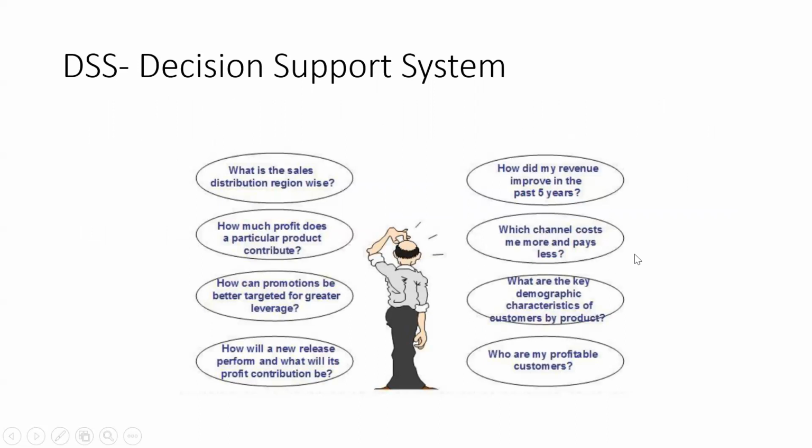So when our OLAP is ready, there is one more thing I already mentioned earlier: decision support system, DSS. They can be from the business side, and they can help with answering questions like: What is the sales distribution region wise? How did my revenue improve in the last 5 years? They can quickly ask themselves these questions, and those can be answered by the charts and graphs themselves.